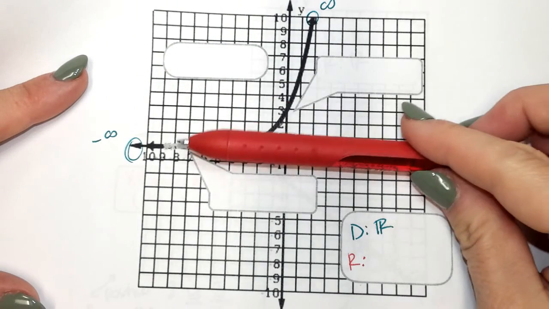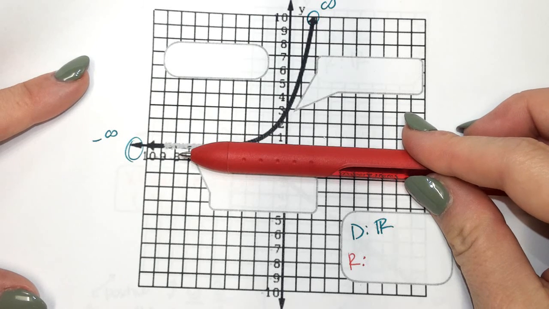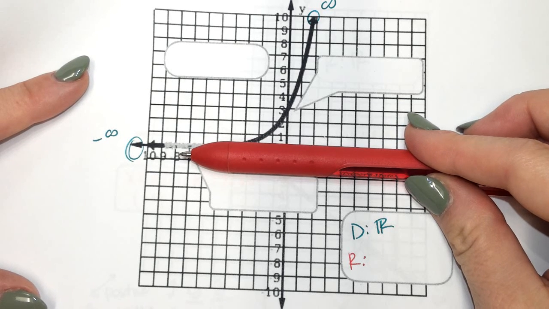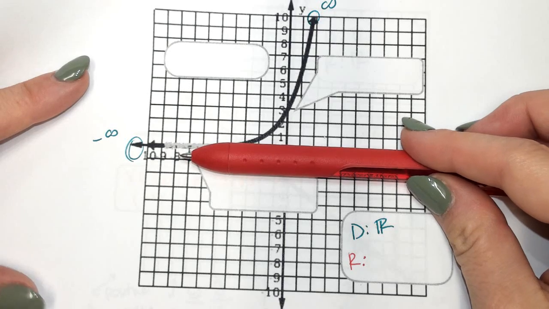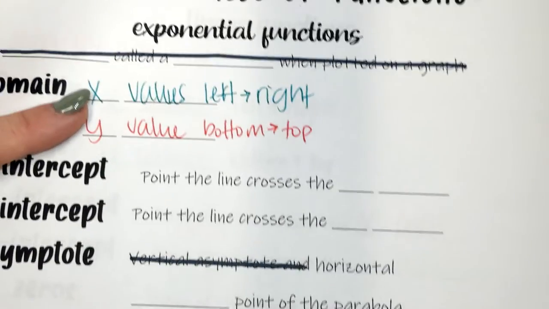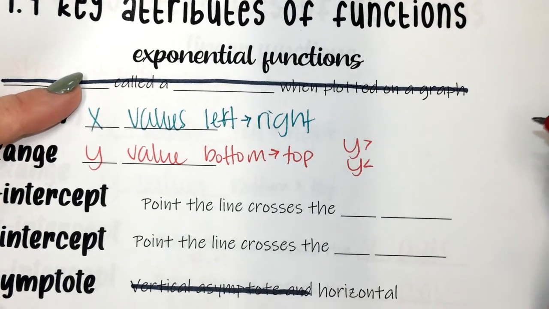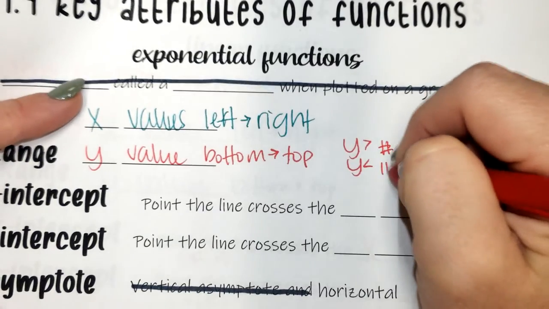What happens at this line is it's never going to touch that line, and it's not going to cross that line, it's just going to get super close to it. So my range is always going to be y is greater than or y is less than some number.